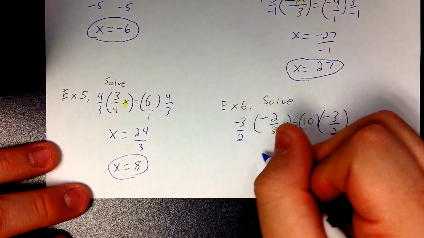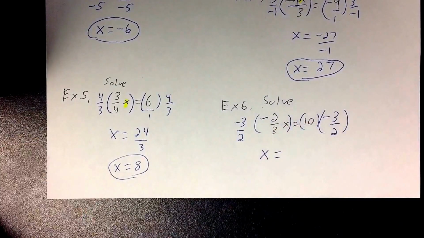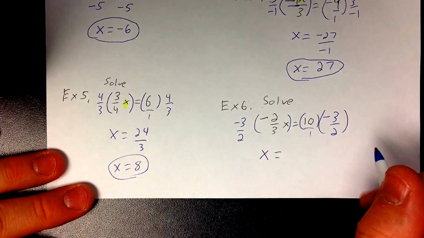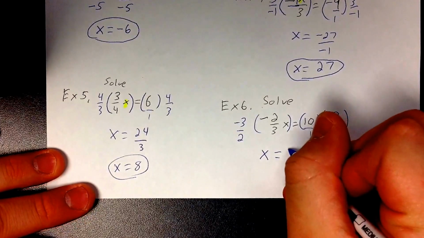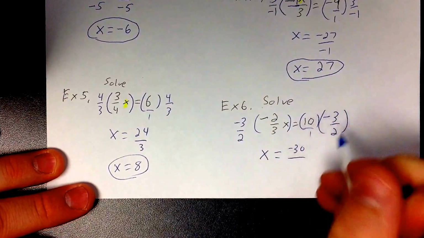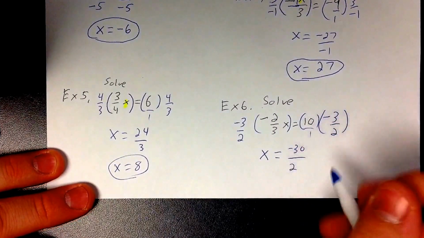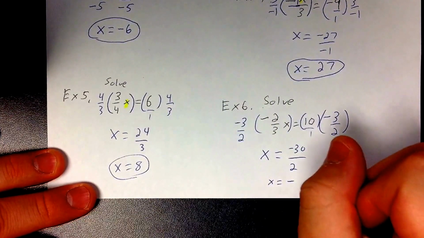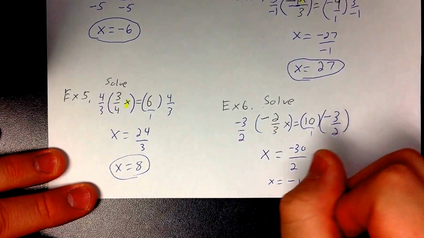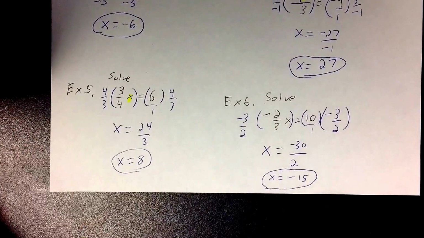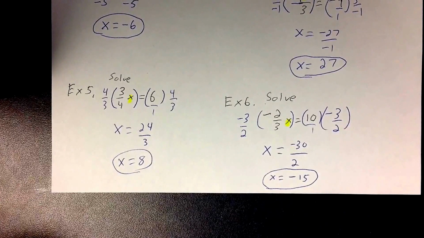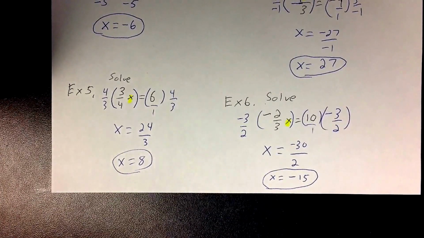So again, everything cancels on the left-hand side, so I get x equals, again, think about the 10 over 1. 10 times negative 3 is negative 30. 1 times 2 is 2. Negative divided by a positive is a negative, and 30 divided by 2 is 15. And again, I forgot to mark the variable on the left-hand side. So that's another reason I had to get rid of the negative 2/3.